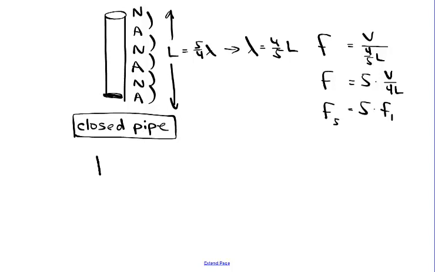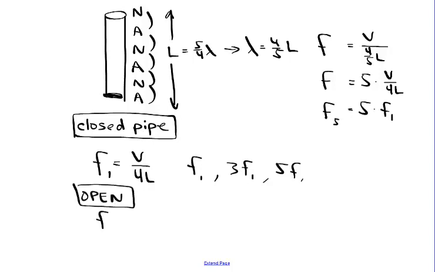But the fundamental frequency is v over 4L, and the pattern is F1, 3 F1, 5 F1, and so forth and so on. For open at both ends, F1 is v over 2L, and the pattern goes F1, 2 F1, 3 F1, and so forth and so on.